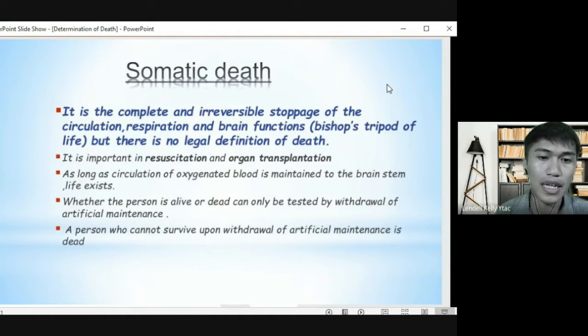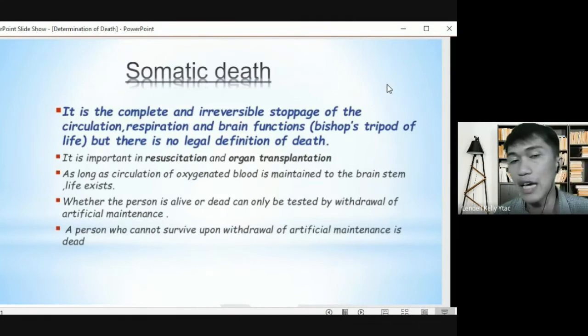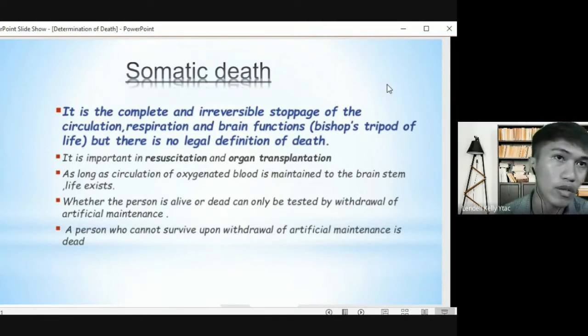Why do we need to know the definition? Because this is related to ethical issues when the time comes that we want to resuscitate our client. As long as the circulation of oxygenated blood is maintained to the brainstem, life exists.